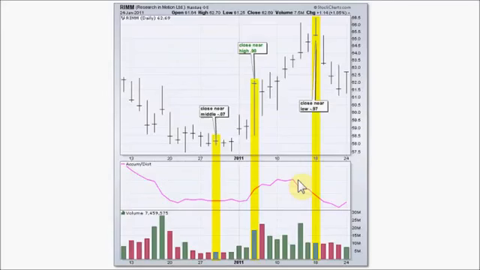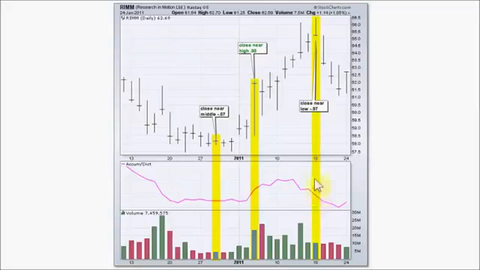Why this is important is it takes more into account the position of the close relative to the day's action. That's important because whenever you see a lot of tall upper wicks, like this shooting star right here, which closed at the low of the high-low range for the day, even though the close was higher than this day right here, and volume was pretty average, the AD line took a real big hit to the downside that day.